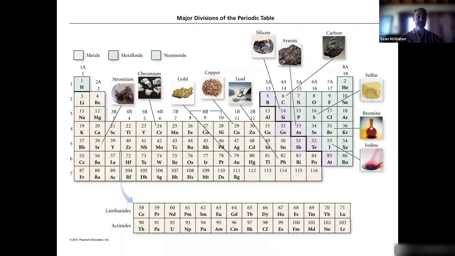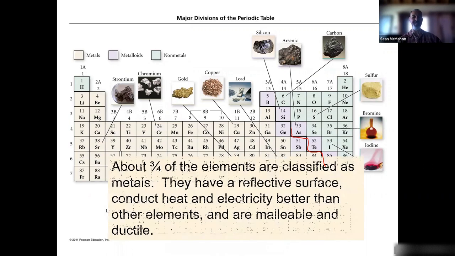So when we look at the periodic table, we notice that there's a little highlighted staircase right here. And this periodic table is nice. It's kind of color coded for you. But about 3/4 of the elements are metals, okay? So what does that mean? Well, typically metals are solid at room temperature. They're shiny and lustrous. That's why they were desired in the past, right?